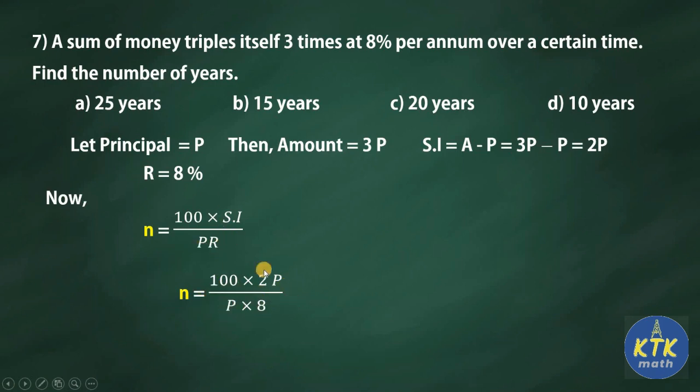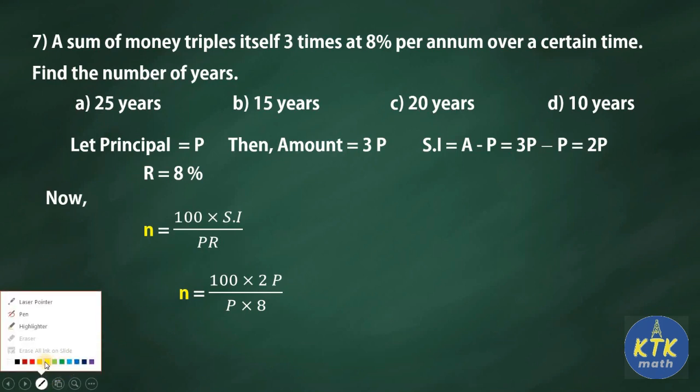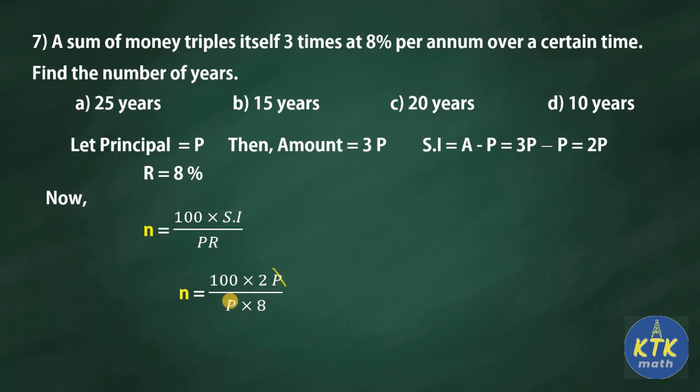You can directly cancel the numbers. P value got cancelled. Then 2, 8, how many times? 4 times, then you can cancel 4 with 100. 100, how many 4s are there? 25 times. Therefore your answer for the 7th question is 25 years. So directly we can find after the cancellations.